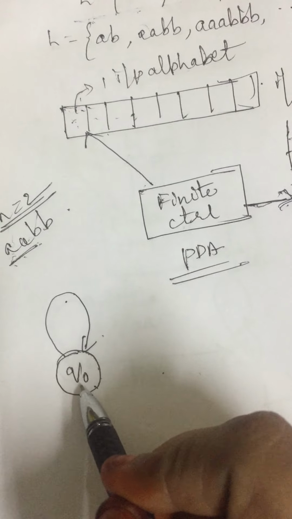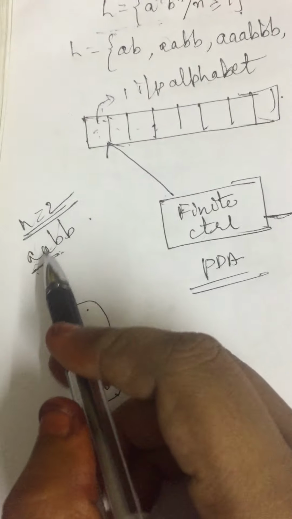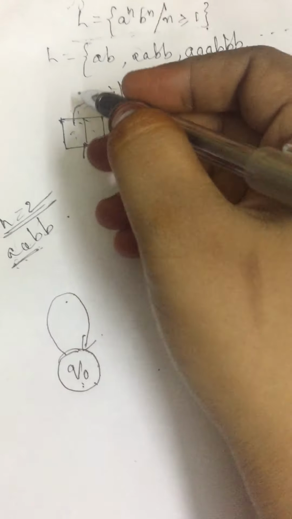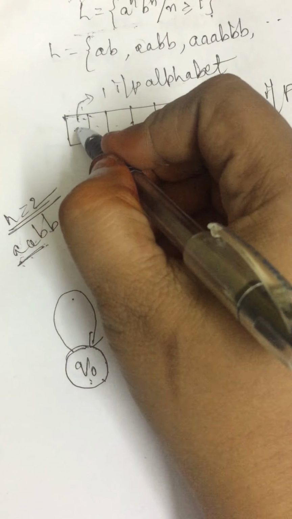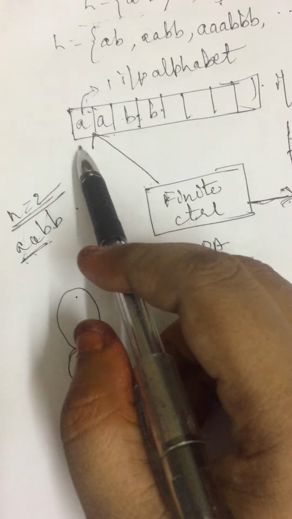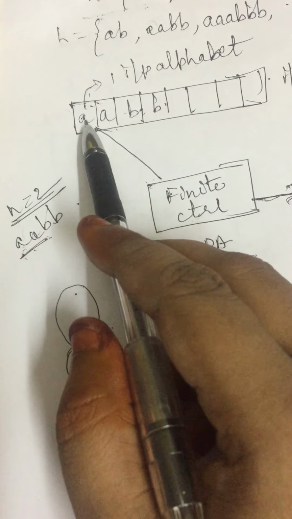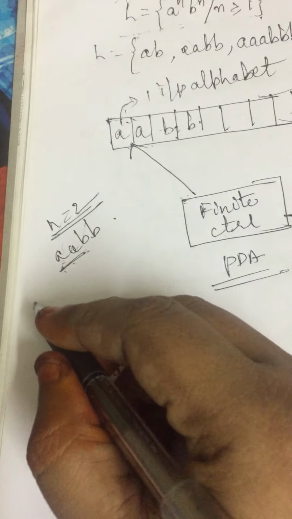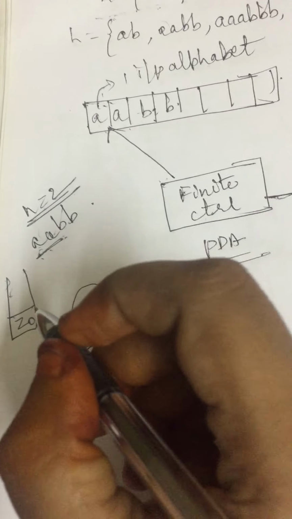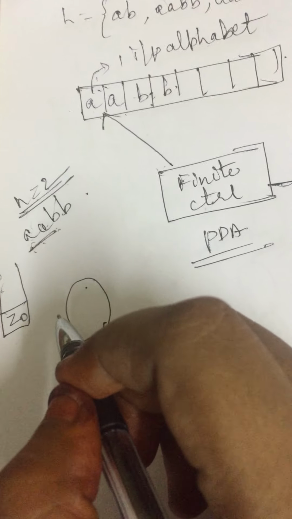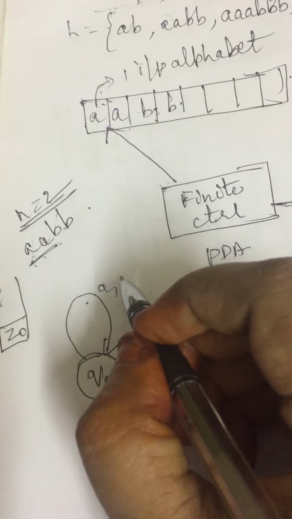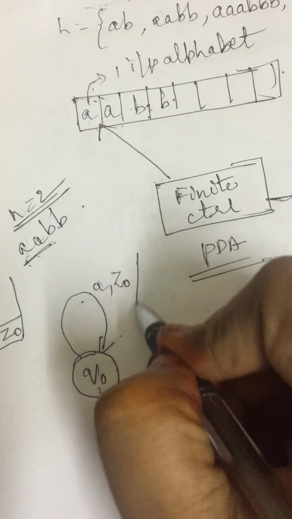So as we are in the state Q0 with the input alphabet A, if n is equal to 2, then my string will be AA, double B. The first header is pointing to the first input cell, that is A. And if we observe, the stack at present consists of only Z0 as the top of the stack.